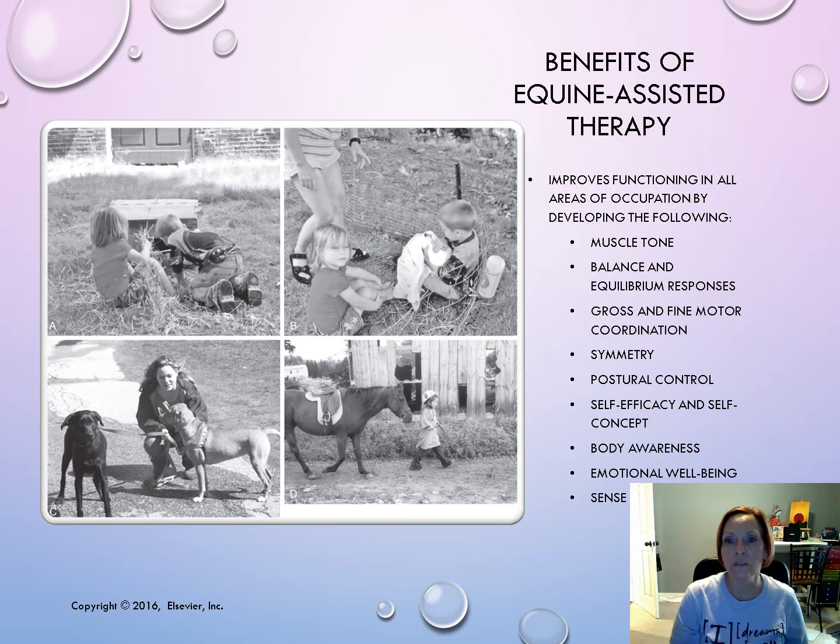The benefits of equine-assisted therapy: it improves functioning in all areas of occupation by developing the following. It can improve muscle tone, balance and equilibrium responses, gross and fine motor coordination, symmetry, postural control, self-efficacy and self-concept, body awareness, emotional well-being, and a sense of control.